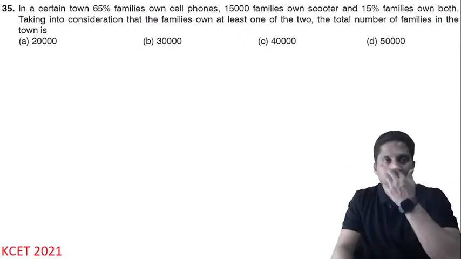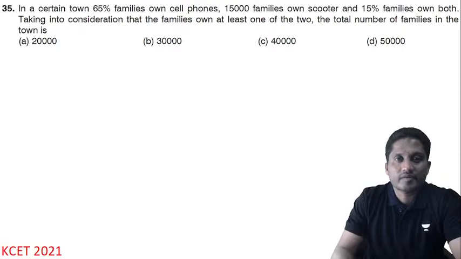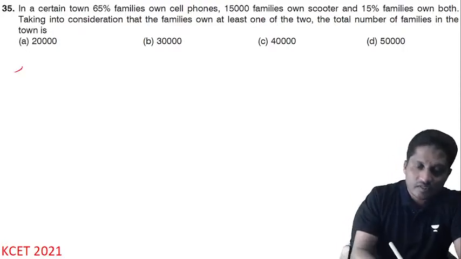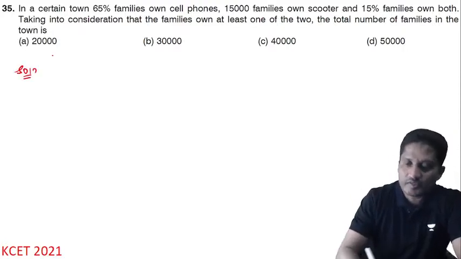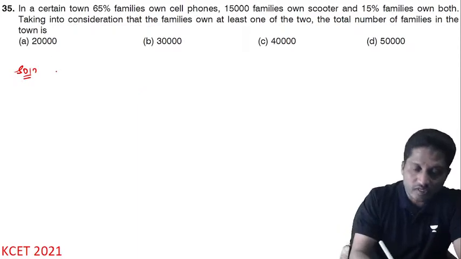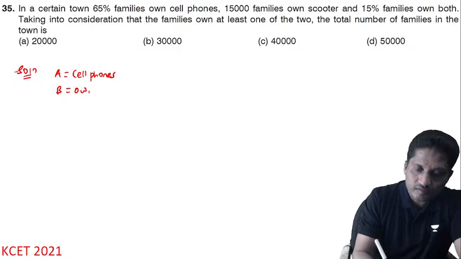In a certain town, 65% of families own cell phones, 15% own a scooter, and 15,000 families own a car. So capital A is equal to cell phone, and B is equal to own a scooter.